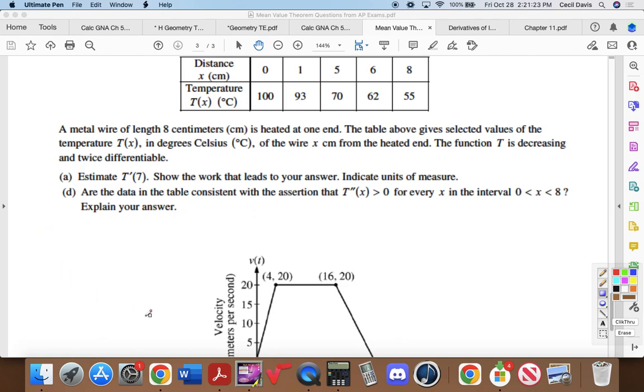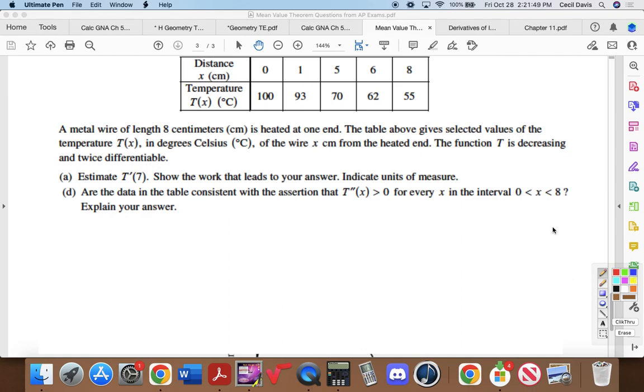This one torched students. And fair enough, it's hard. You're like, wait a minute, T double prime? How am I supposed to know anything about that? They were trying to lead you in part A to help you with part D. Because what we can find are the average rates of change on each of these intervals.